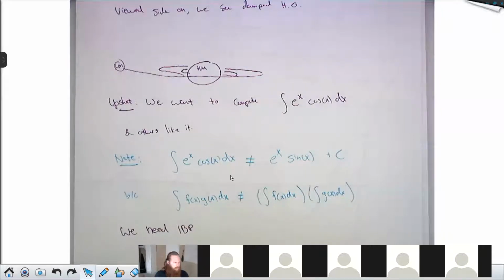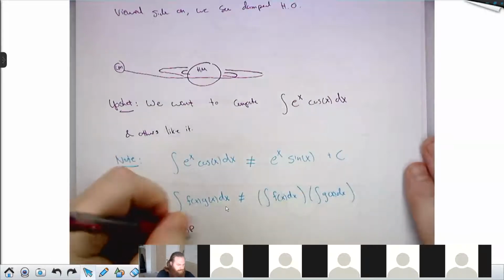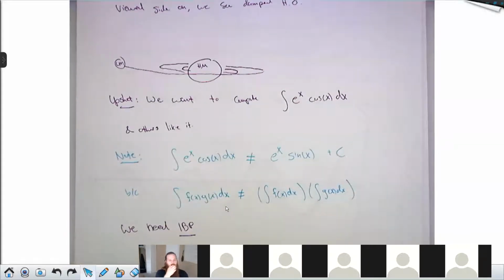It's an interesting note, but I don't want to burn class time there. But if f of x was a constant function k, then the integral of k times g of x is not k times the integral of g of x. It's just k times the integral of g of x. So even then, this doesn't work.